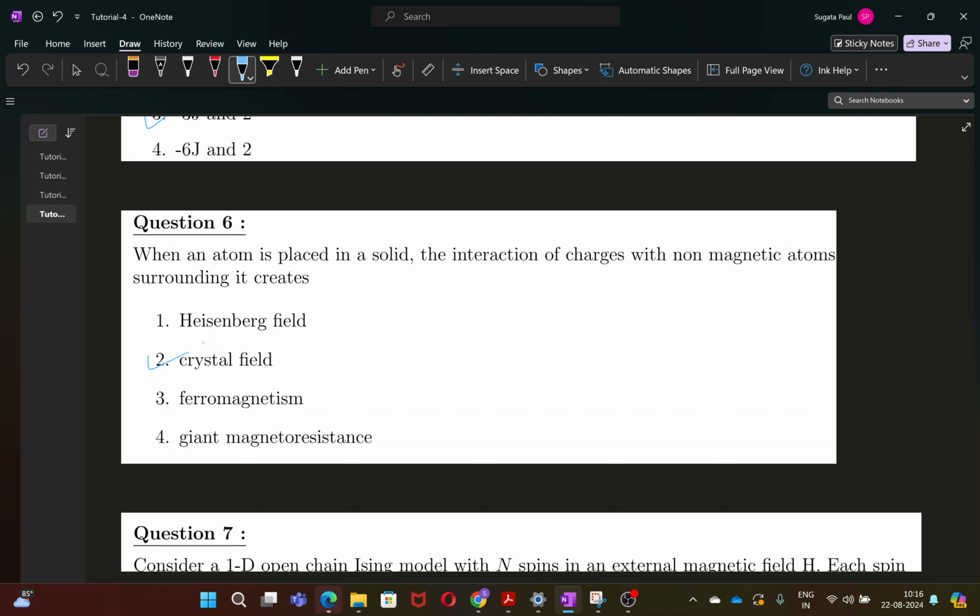So it is basically a crystal field effect. It is not related to the magnetic property of the system, because clearly it is the interaction of charges with non-magnetic atoms. So it is kind of an electric field effect, you can say.